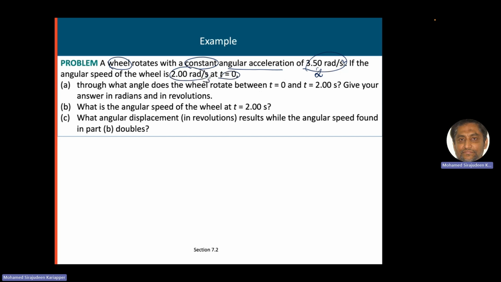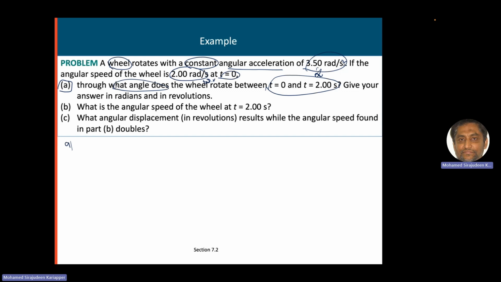So this is omega 0. We know alpha and we know initial velocity. And in part A, he is giving one more thing: the time t equal to 0 to t equal to 2 seconds. And he is asking during that time what is the angle it is rotating. That means he is asking for the displacement, delta theta.